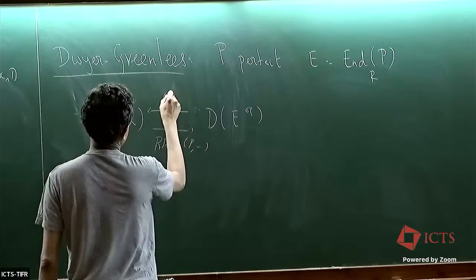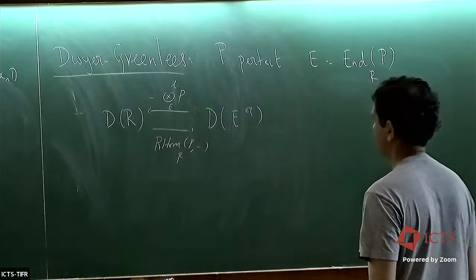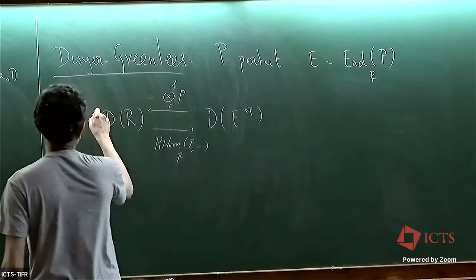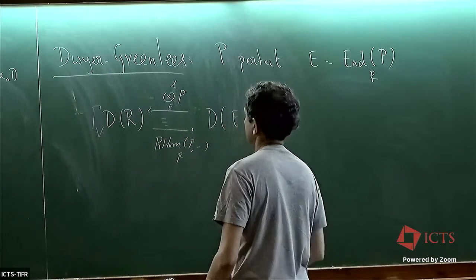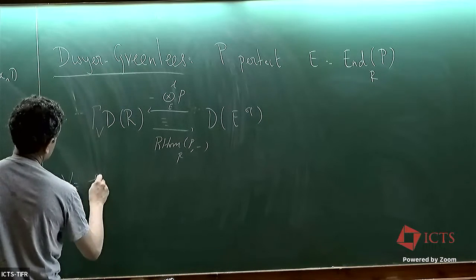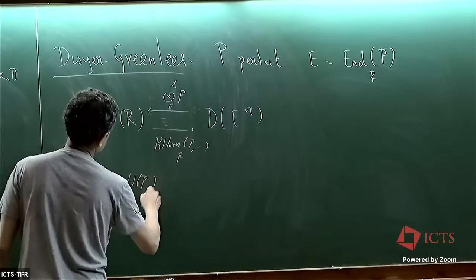And we talked about this pair of adjoint functors, and I think I explained that this gives you an equivalence between the V-torsion part of D(R), where V is the support of P, which in this case is the same as the support of the homology of P, which is a closed subset.